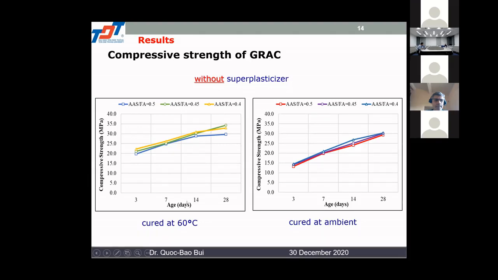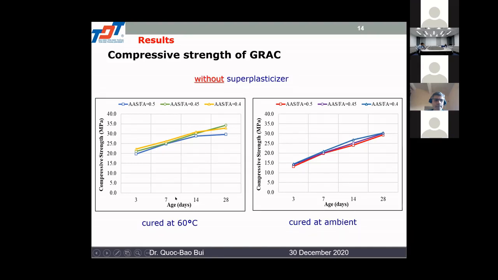And we can compare between the case cured at 60 degrees Celsius and cured at ambient temperature. We see that, for example, at ambient temperature, the mean compressive strength is about 30 megapascal at 28 days.